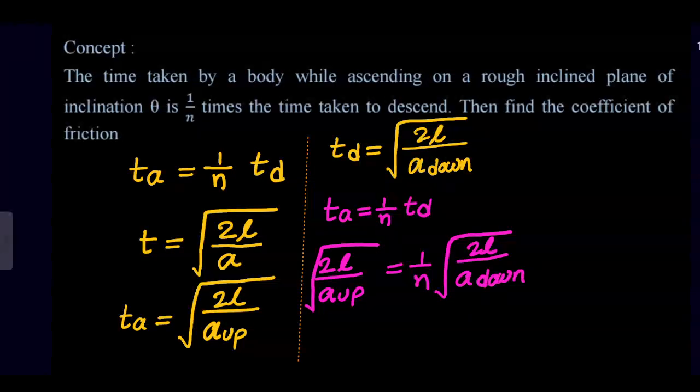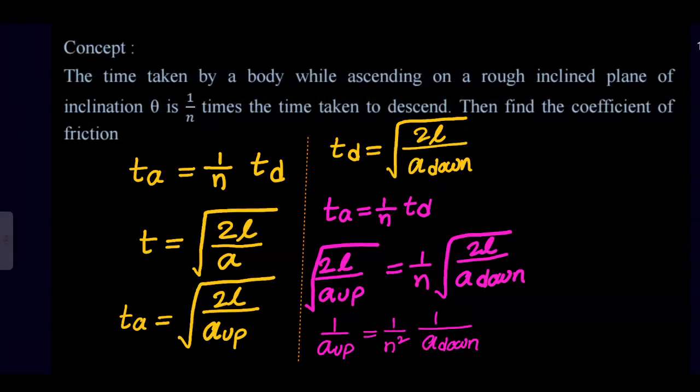Now simplify it. Root 2L will get cancelled, and squaring on both sides, we get 1 by A up equals 1 by n square into 1 by A down.